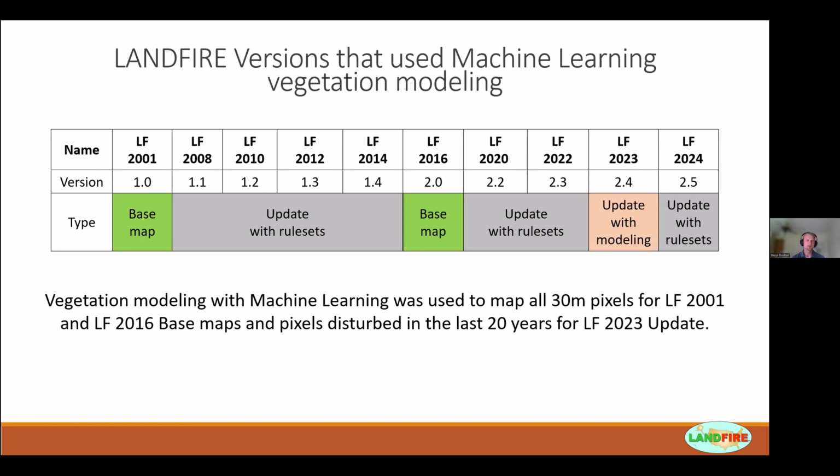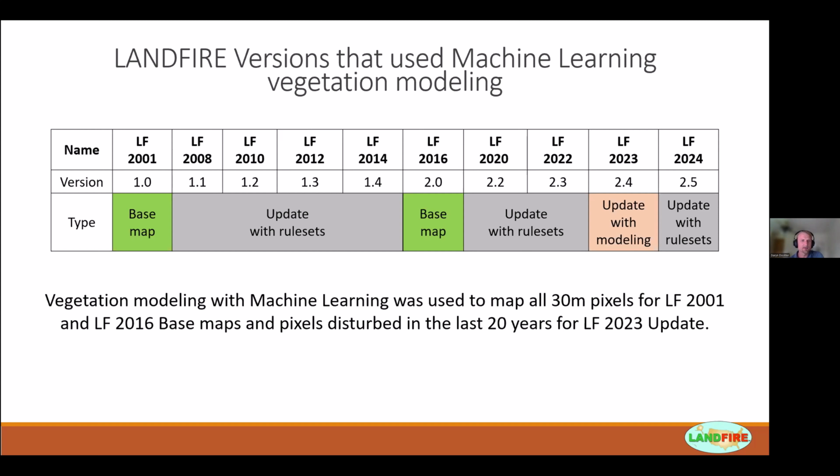This machine learning vegetation modeling process was used again to remap all pixels. And the following two updates use that same rule sets process, but then we wanted to try to incorporate some of this modeling into an update process.